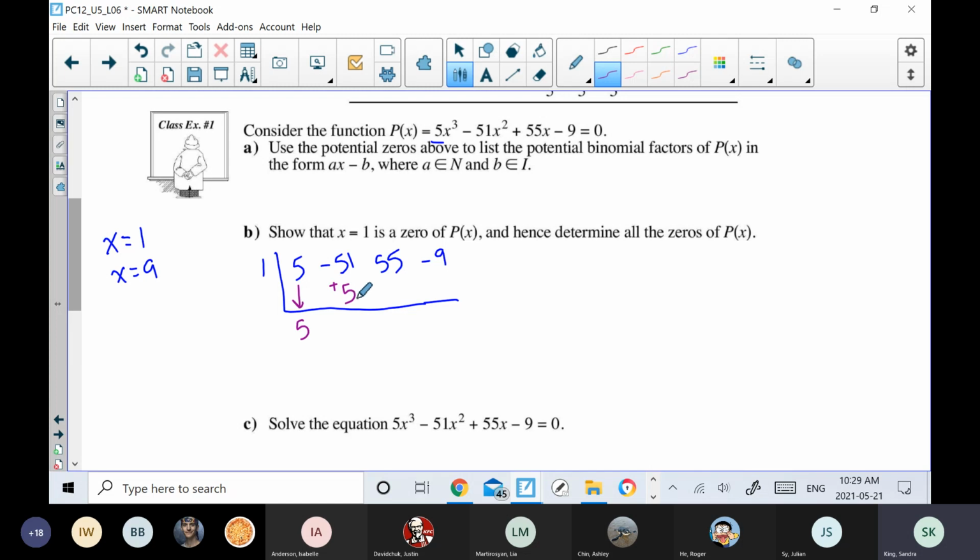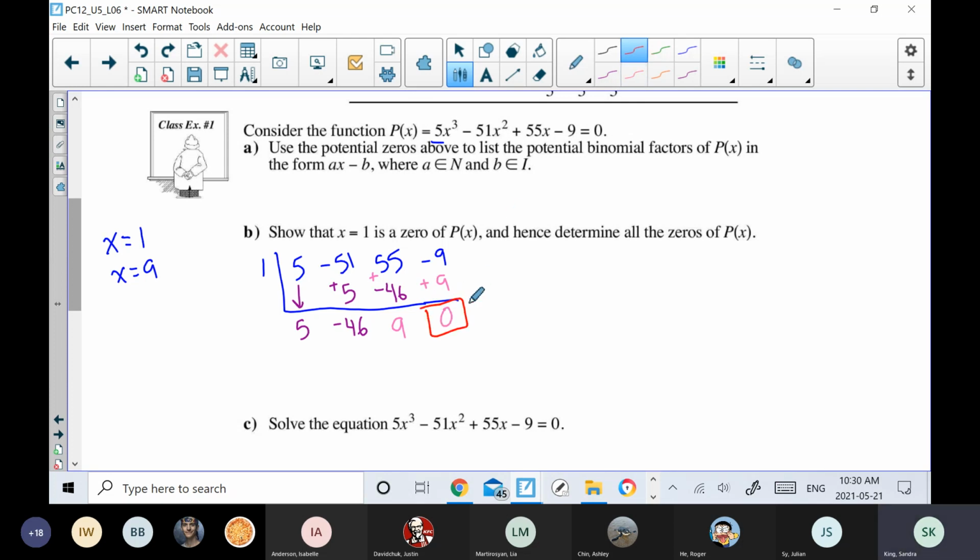Negative 51 plus 5 is negative 46. Carry out your multiplication, and you'll get negative 46. Then you're going to carry out your addition. And 55 plus negative 46 would give you 9. Carry out your multiplication. You get 9 here. Do your addition, and you get 0.